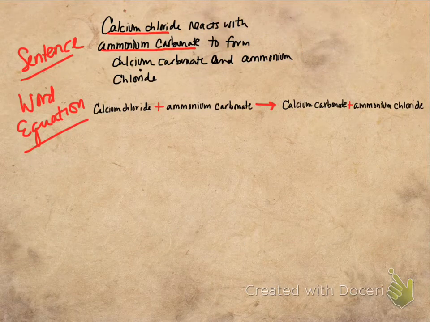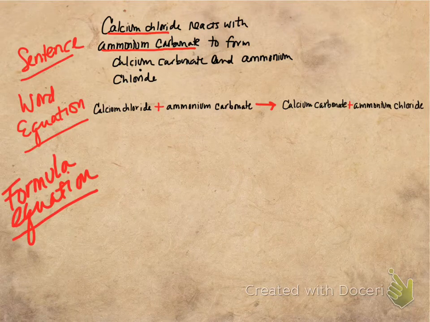Once we've gone from a sentence to a word equation, we can now write what's called a formula equation. And a formula equation, as you might have guessed, replaces the names of the compounds or elements that are reacting with their correct formulas. So for each item in our word equation, we'll just write the formula.